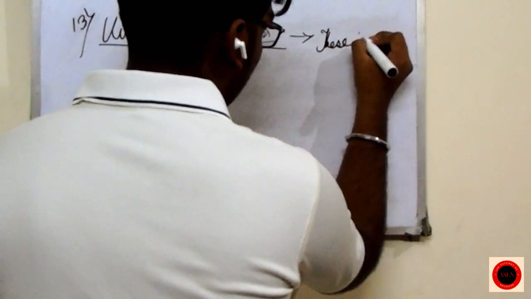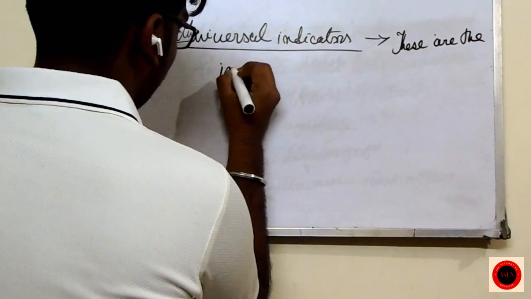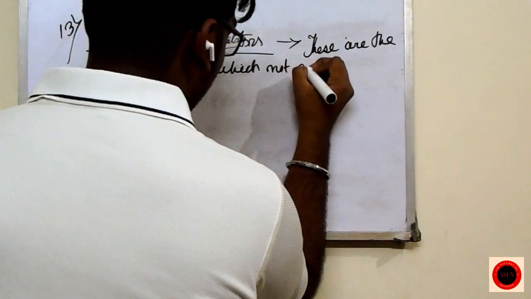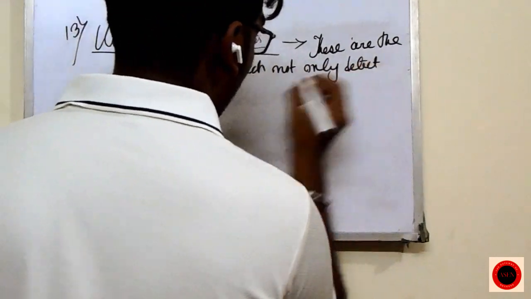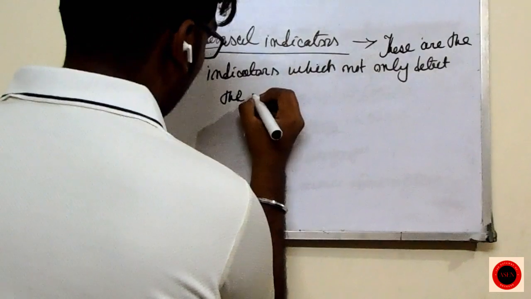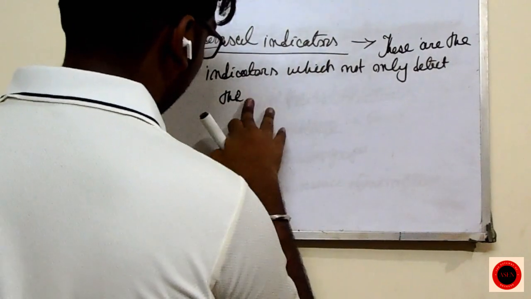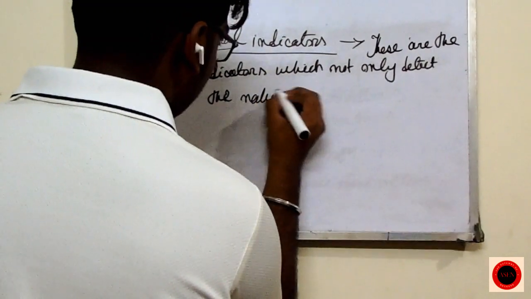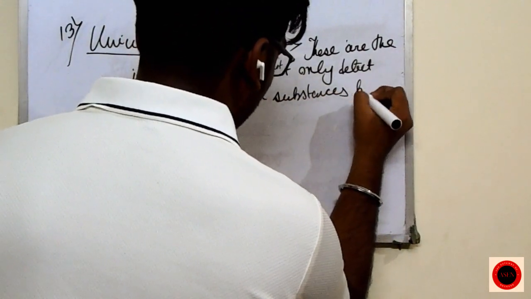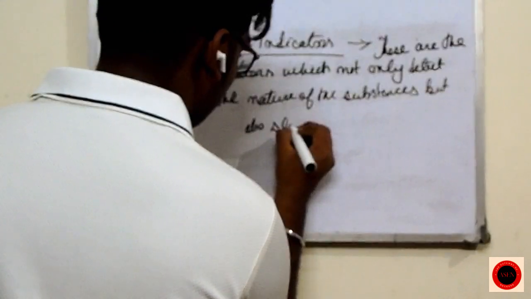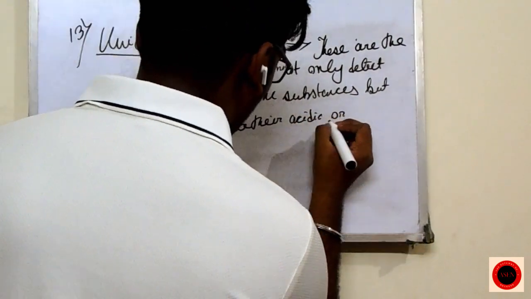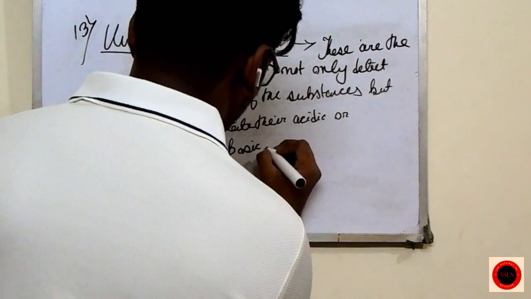These are the indicators which not only detect the nature of the substance, but also state their acidic or basic medium.